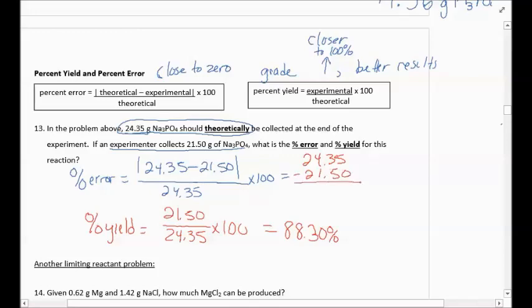So when you subtract, you're going to end up rounding to the tenth place. So you get 2.85. So your answer should have 3 sig figs because of that. Because essentially then what you're doing is taking 2.85 divided by 24.35 times 100. So you end up with 11.7%.